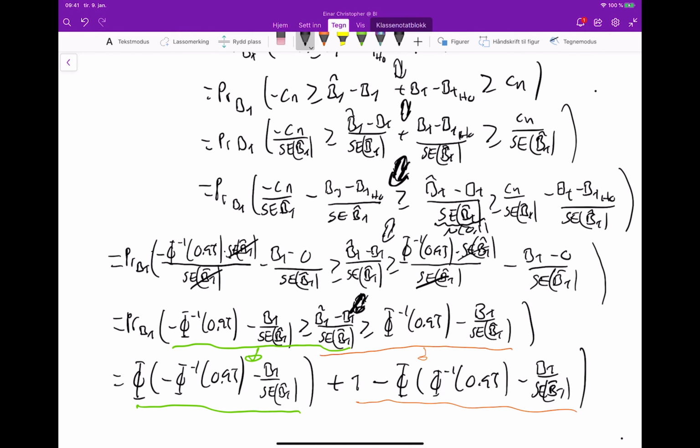Now we have a standard normal distributed variable which should be less than the left side of the inequality, the green inequality here. That's the same as phi of minus phi inverse of 0.95 minus beta 1 divided by the standard error of beta 1 hat.